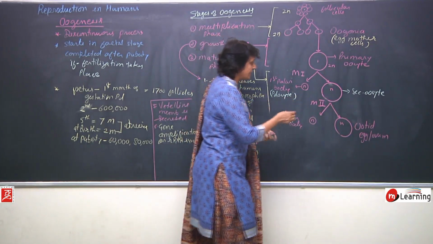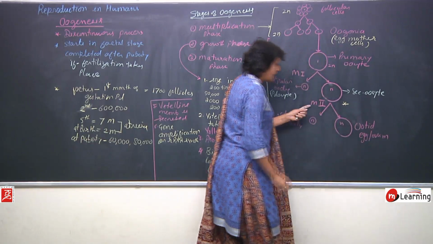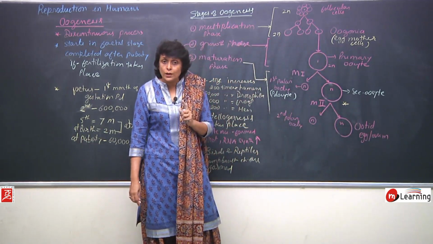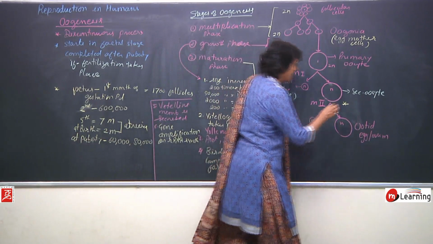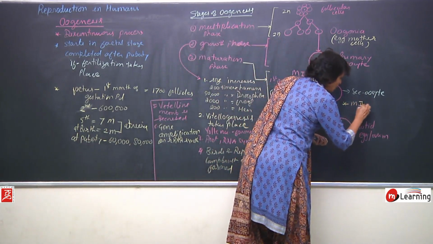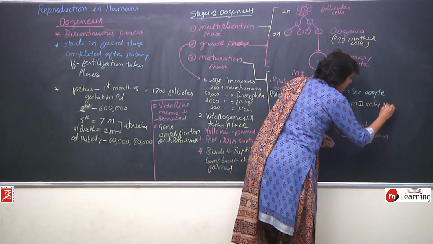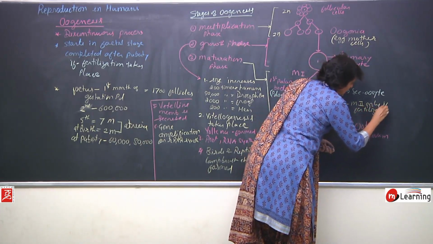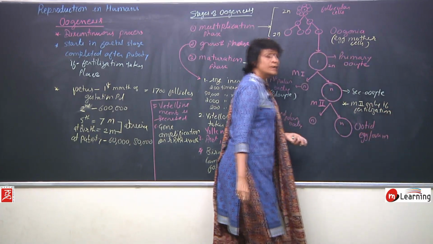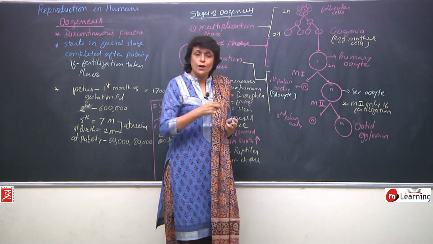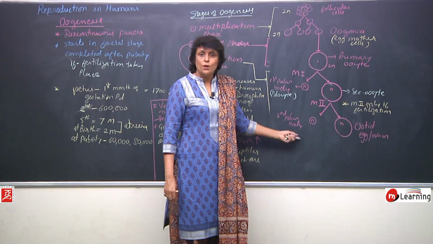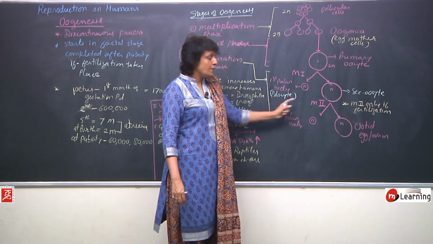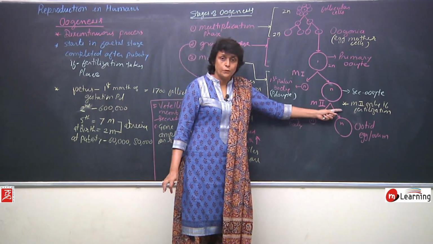So here let us write down that meiosis 2 will take place only if fertilization takes place. As soon as the sperm enters, meiosis 2 will start. This is important for us to know.